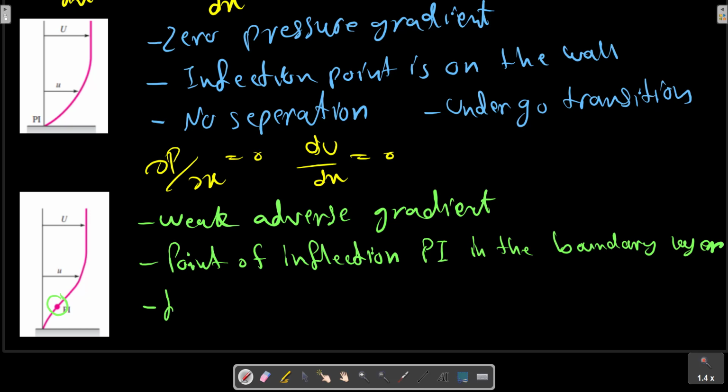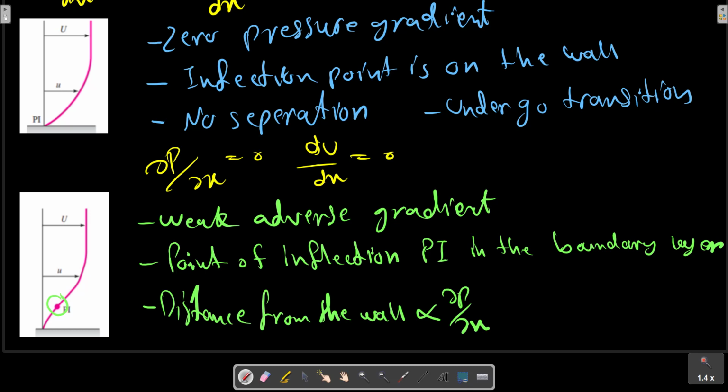Mathematically, dp/dx is greater than 0.